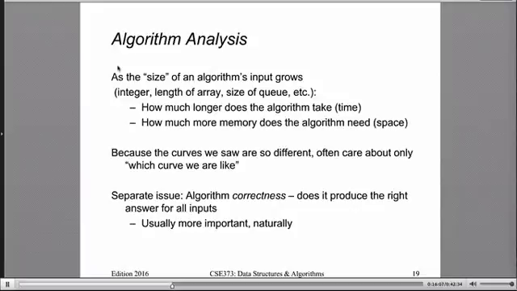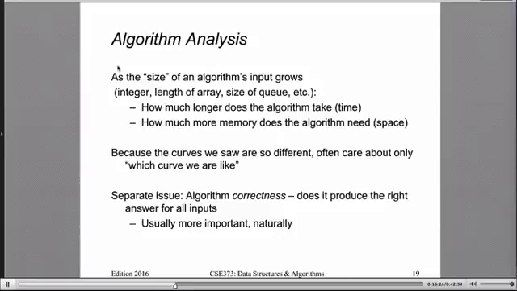This is what we want to study, actually. So this is what we call the algorithm complexity. The complexity of the algorithm is related to the running time of the algorithm, right?